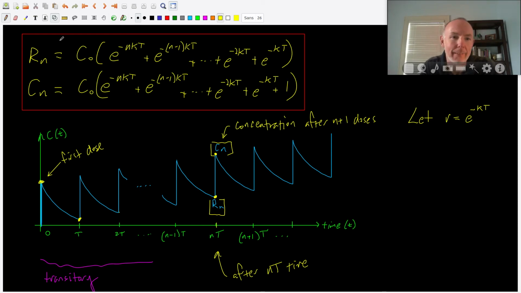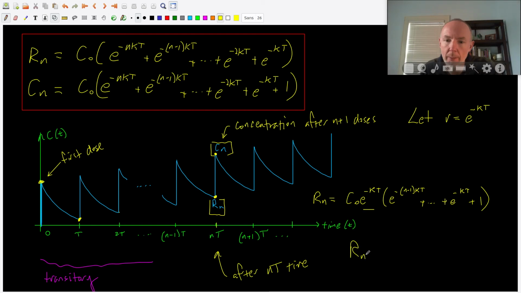And I'm going to think about what R sub n looks like. R sub n, if I factor out an e to the minus kt, then what's left of R sub n is going to be, well, 1 less than n here, and there's going to be 1 of them there. I factored out 1 of them here and 1 of them there, leaving e to the minus kt, and 1 of them there, and I wrote it out the front. And now I'm just going to write all of that in terms of r because it's a lot easier.